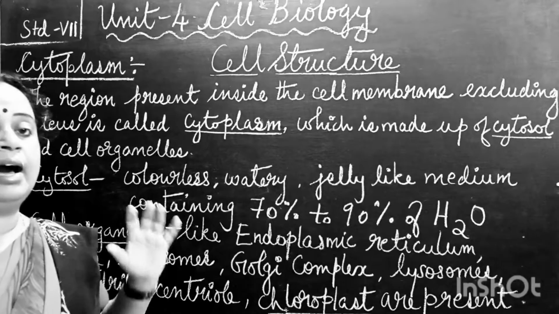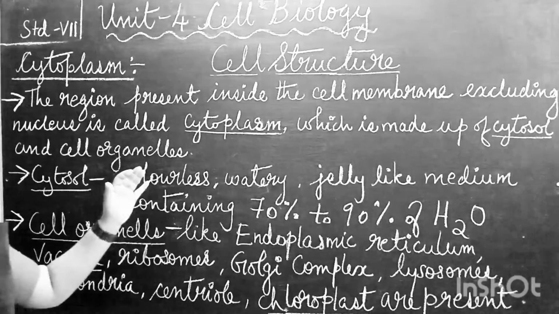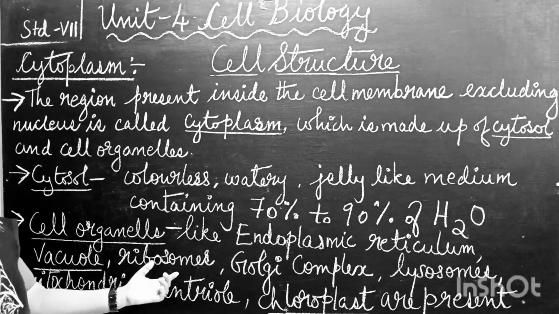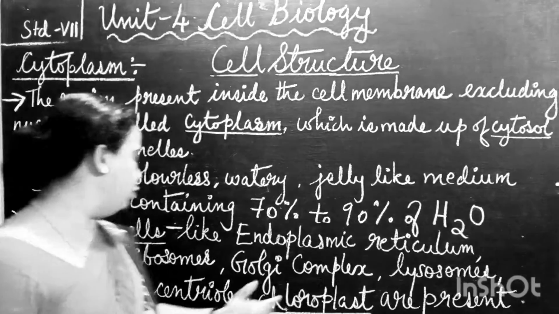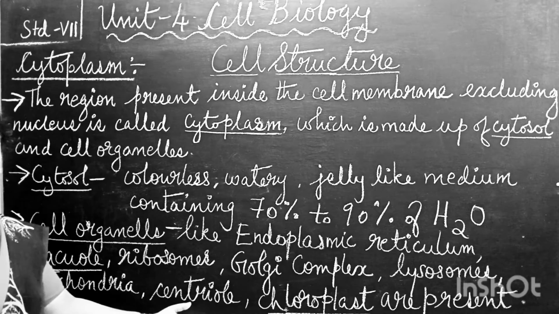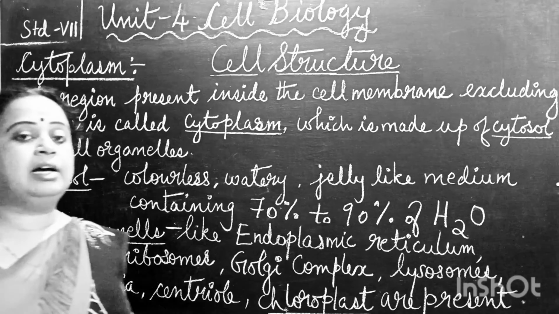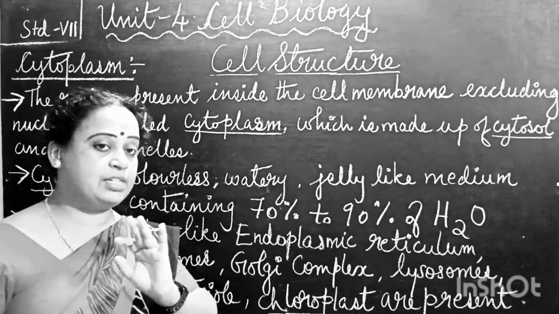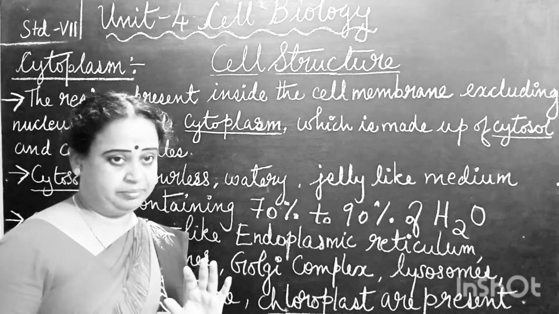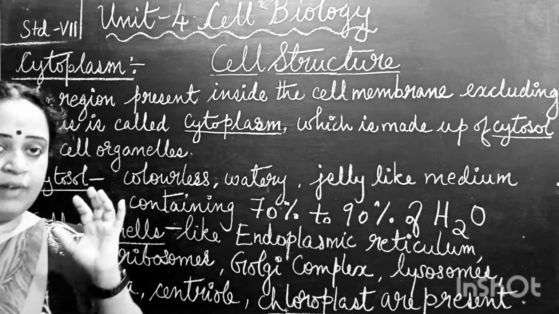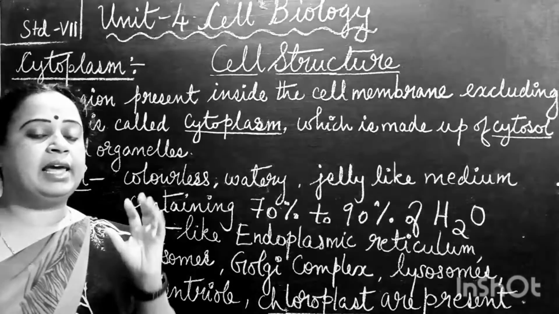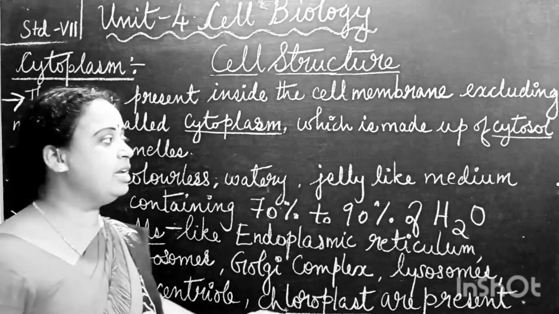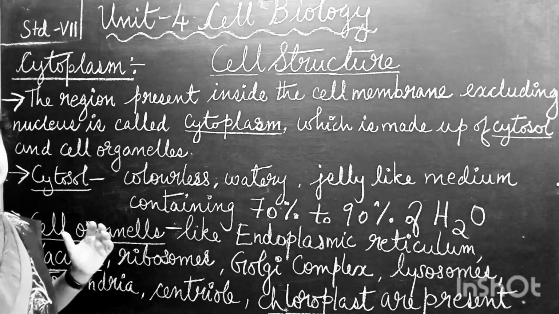All other cell organelles, endoplasmic reticulum, ribosomes, Golgi complex, lysosomes, mitochondria and centrioles, are present in the animal cell. The vacuoles present in the animal cell are very small in size. These are all the cell organelles present in the animal cell.